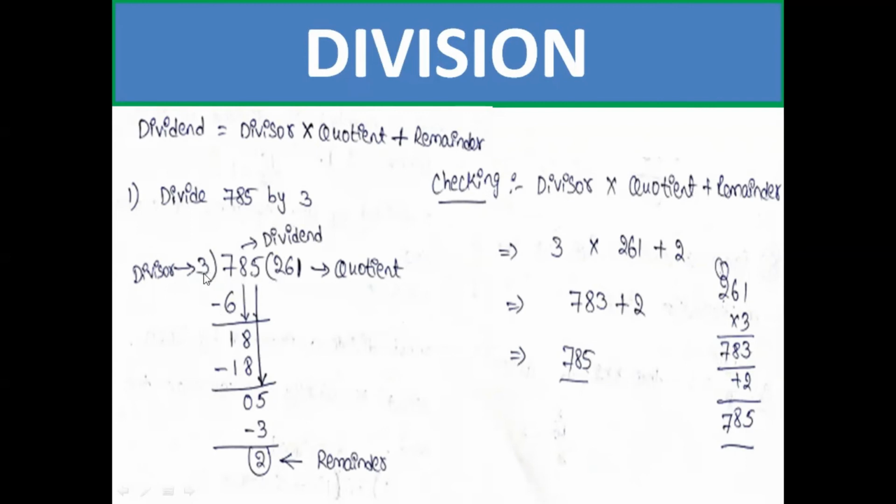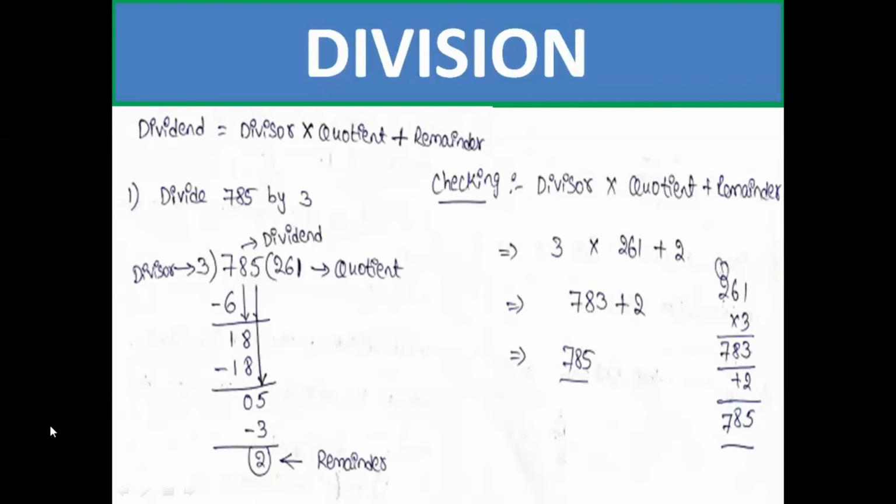Okay. 3 sixes are 18. 18 minus 18 is how much? 0. Write 5 as it is. 3 ones are 3. 5 minus 3 is how much? 2. Remainder 2. Quotient 261.